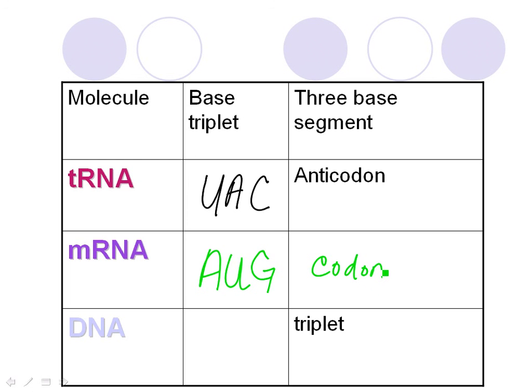So then the question asks, well, what was the DNA segment? So let's grab one more pen. So DNA would have to be what? T, A, C. So that was our original triplet that we saw. That was the original.